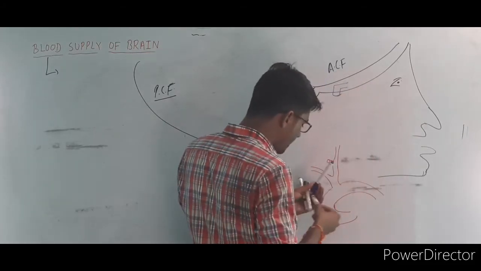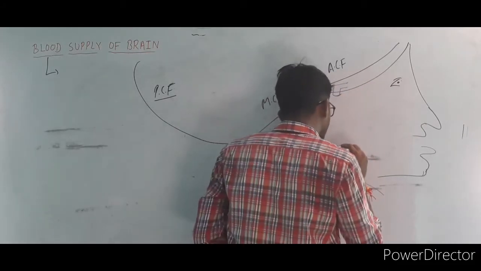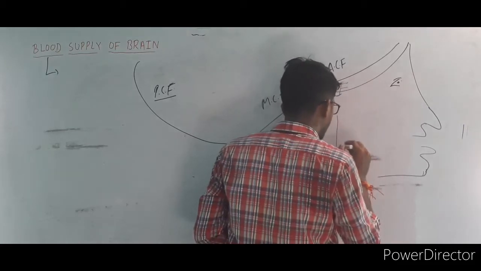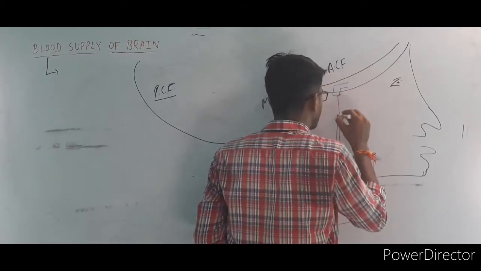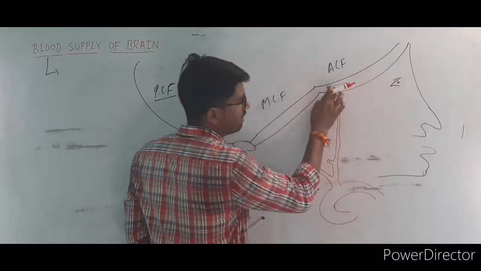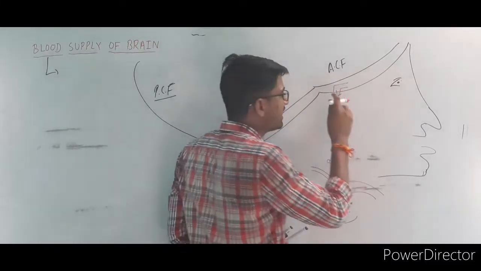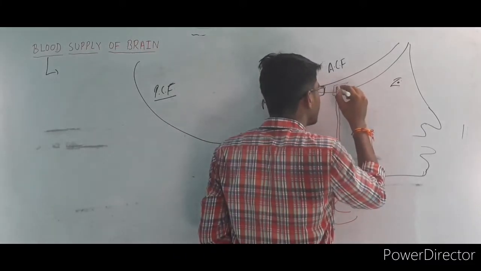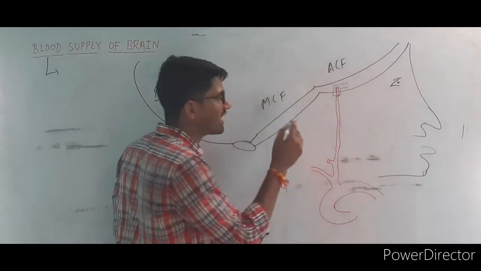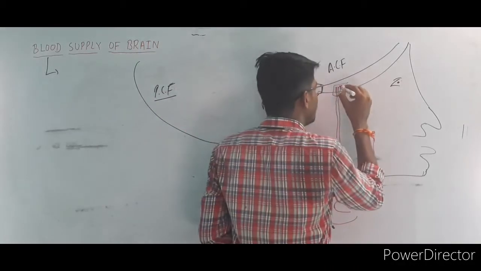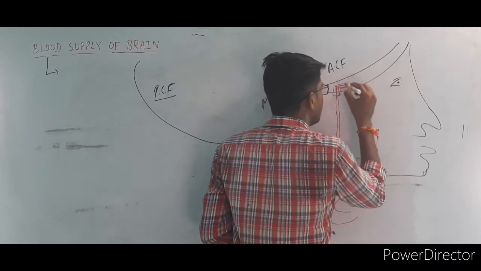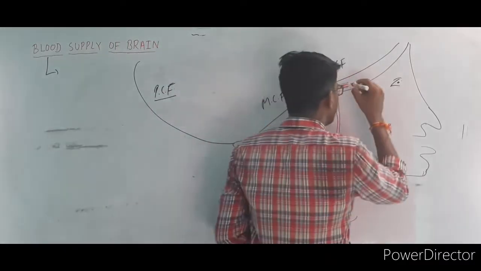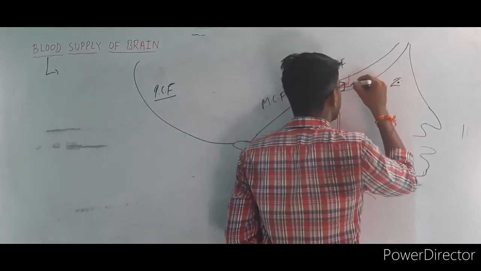This internal carotid artery is coming, it goes upwards and enters into the carotid canal. Within the carotid canal it runs upward. After that it runs forward, and after that it runs medially.